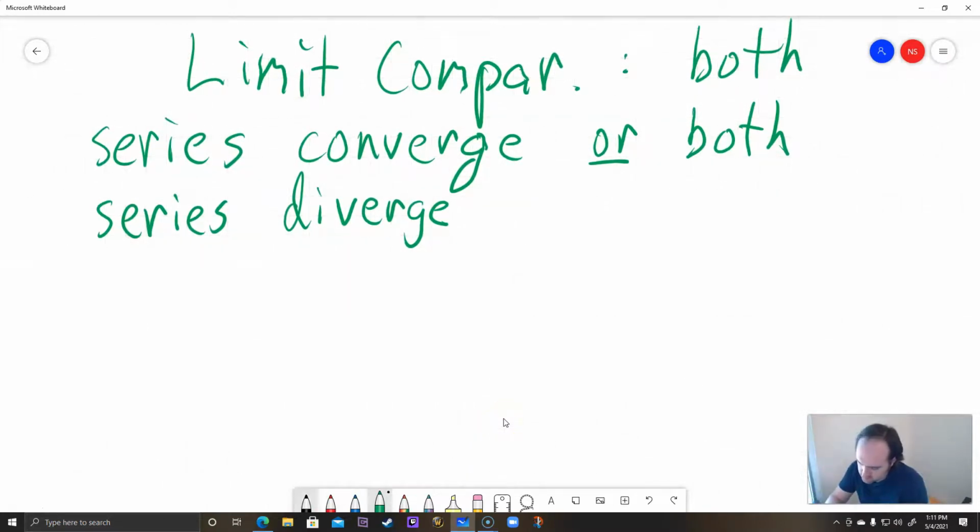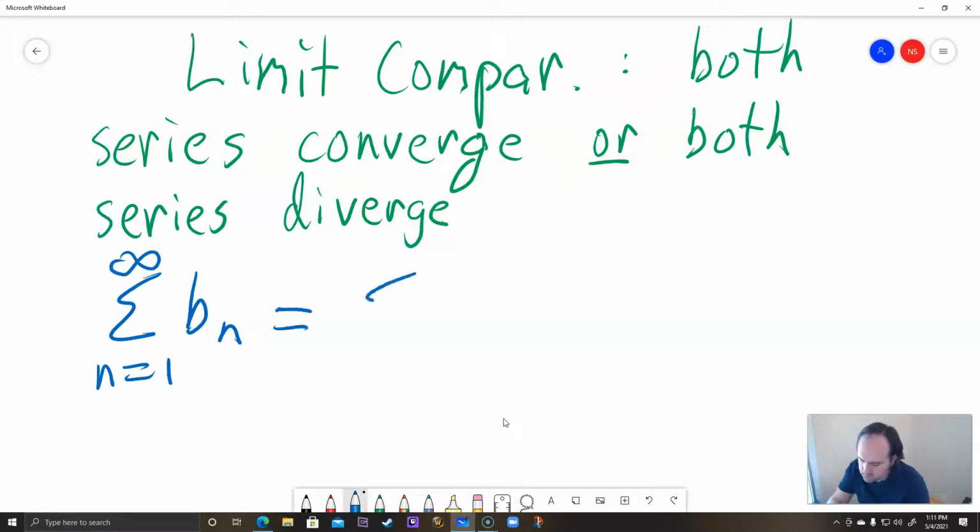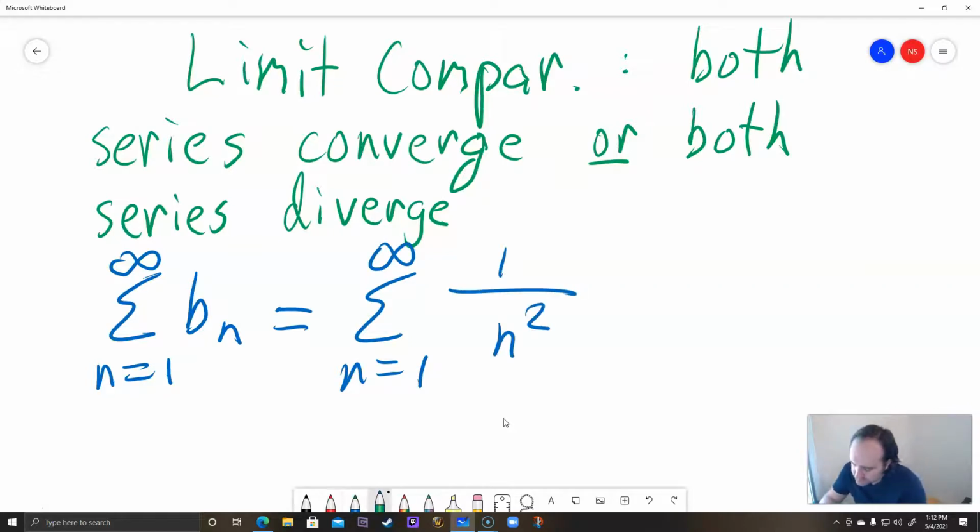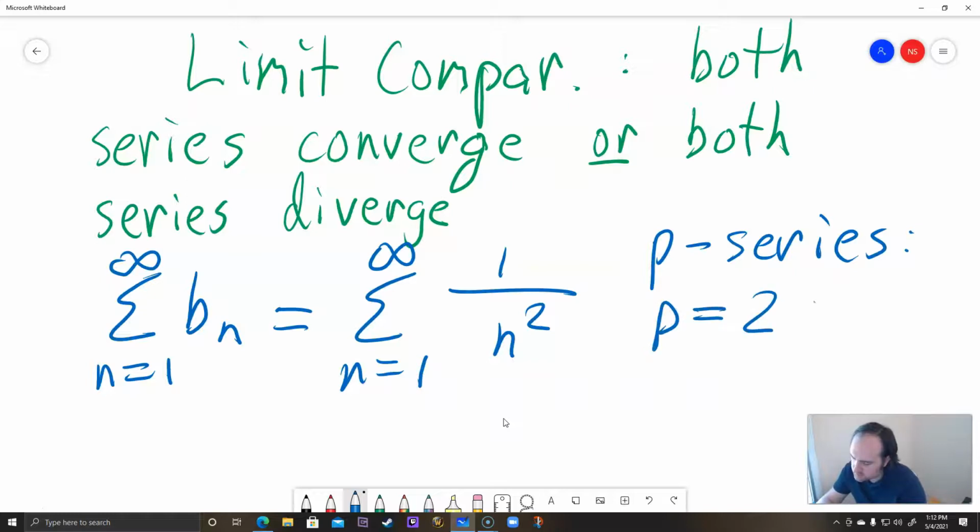So what I'm saying is the sum of Bn from n equals 1 to infinity equals the sum from n equals 1 to infinity of 1 over n squared, which is once again a p-series. We can see that our exponent in the denominator is p equals 2, which is greater than 1. So that means the sum of Bn converges.